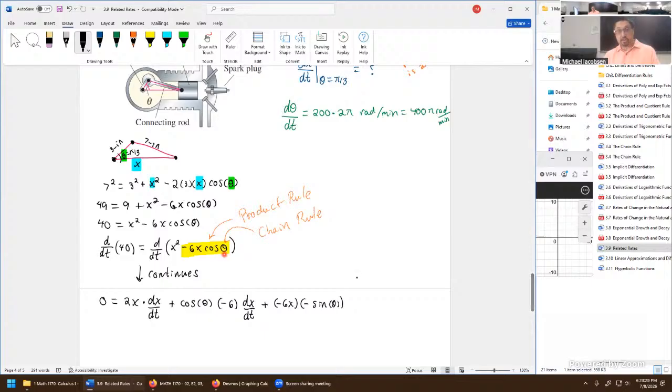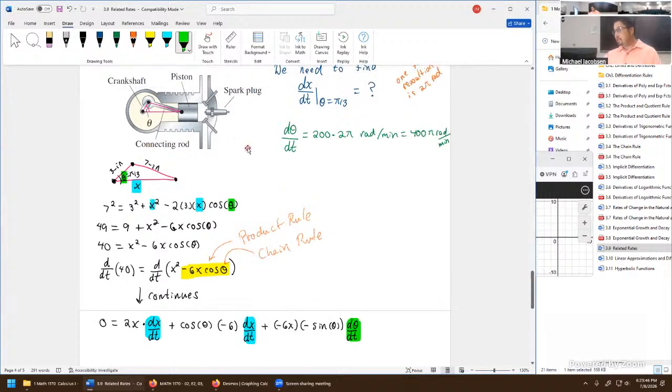Theta itself is a function. So we chain on the derivative, d theta dt. So that's where the dx dt comes into play, and this is where d theta dt gets involved as well. So we're done with the derivative. It's kind of a mess, but we used law of cosines, so it's almost to be expected.